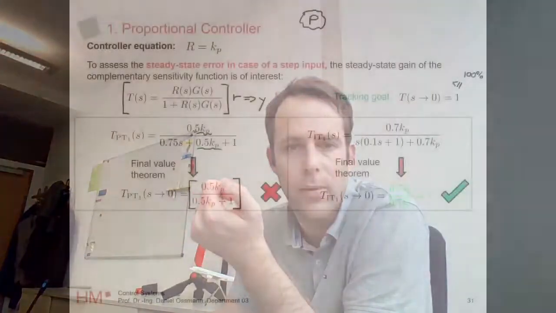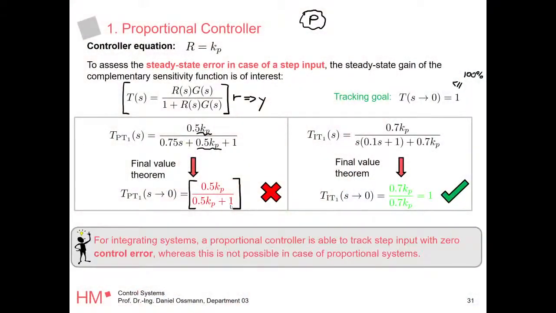So this is the takeaway. The bottom line is, for integrating systems, a proportional controller is able to track the step input with zero control error, whereas it is not possible in case of proportional systems. And this is always true, so it is important to remember, because thereby you can double check if you do examples.